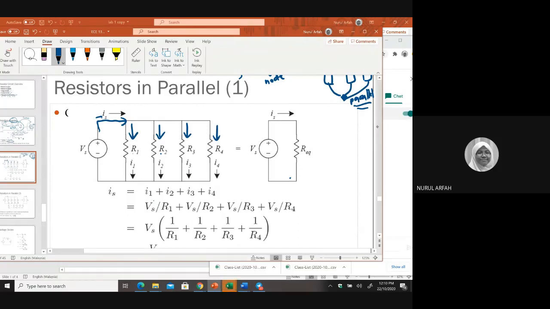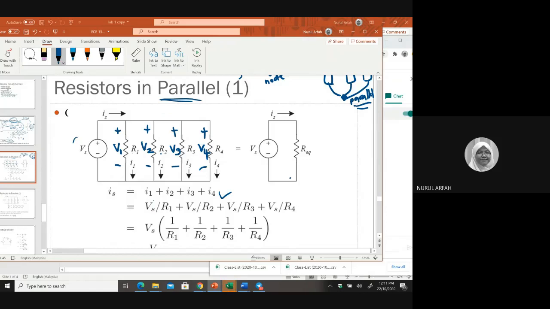And you can apply that KCL, you will have this. And because it is in parallel, you will have voltages. What voltage here? Voltage drop across R1 and voltage drop across R2 and here and here.